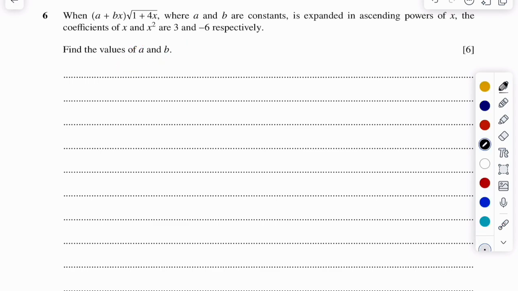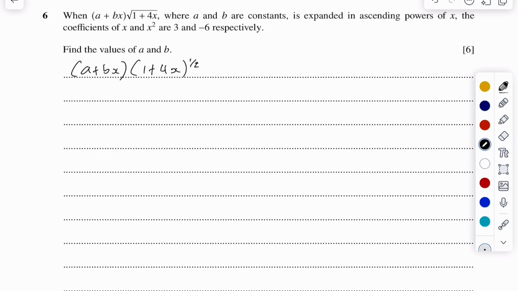Well, we've got a plus bx times the expansion of (1 plus 4x) to the power half.